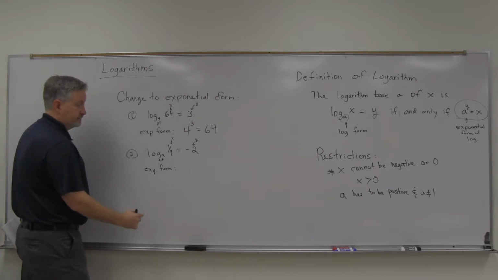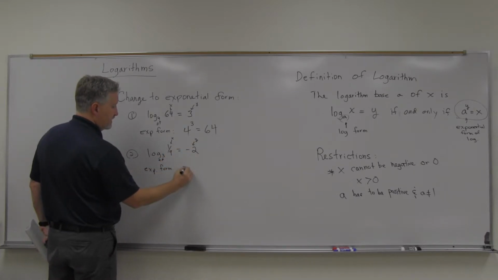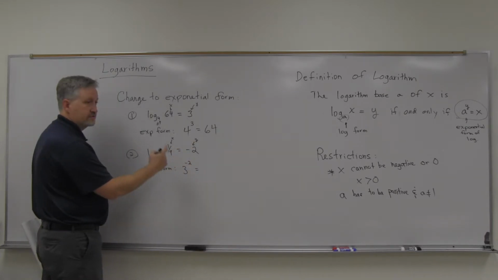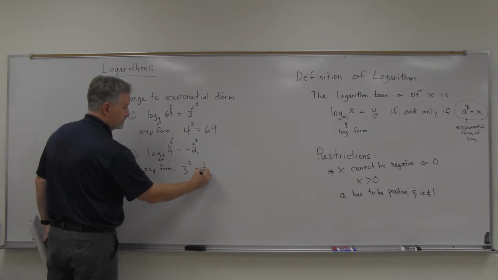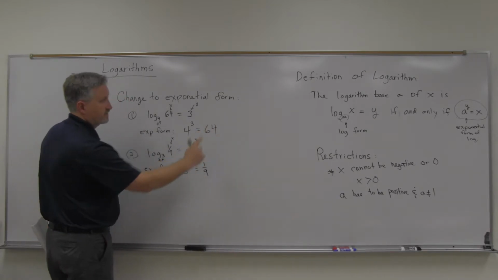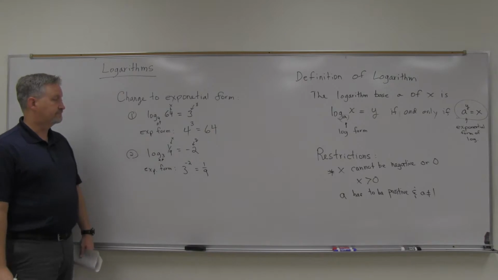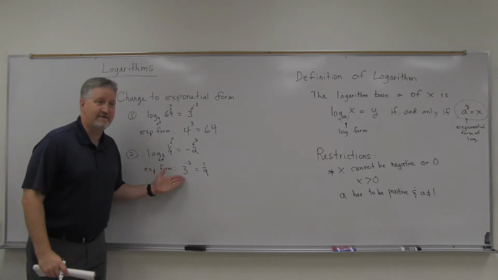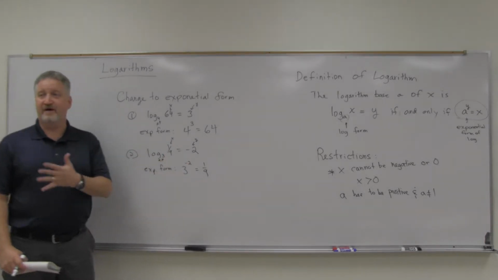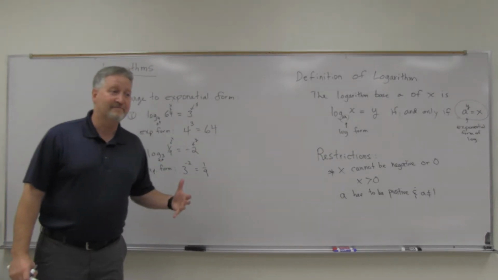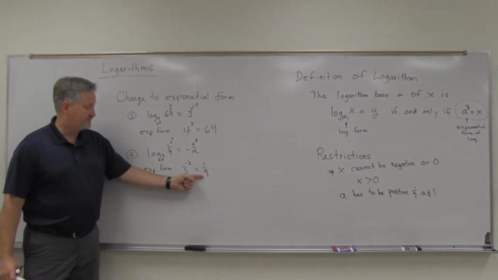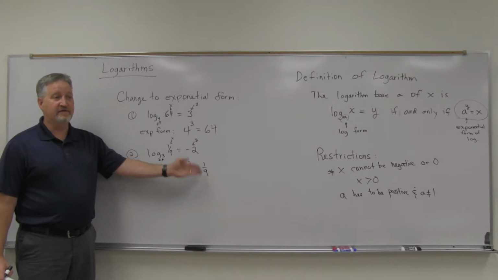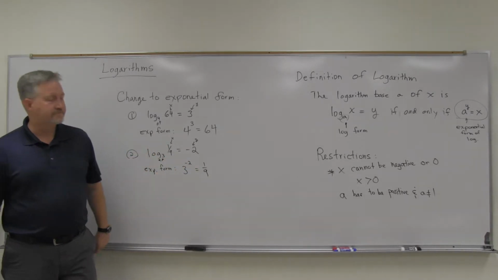So a to the y: 3 to the -2 equals 1/9. A to the y equals x. That's the exponential form. Which also is a true statement, isn't it? 3 to the -2. We talked about negative exponents last time. 3 to the -2 is 1/9 because you flip it over and square it. All right?